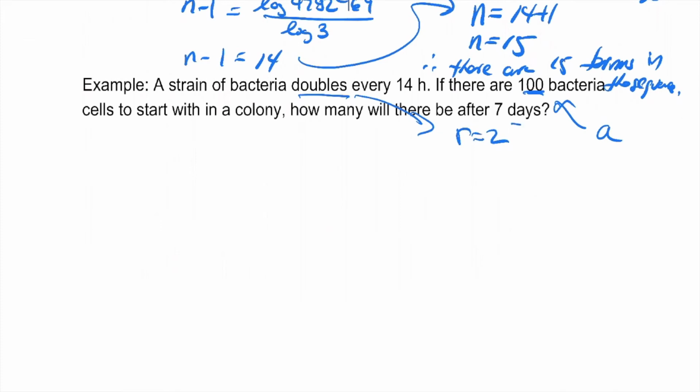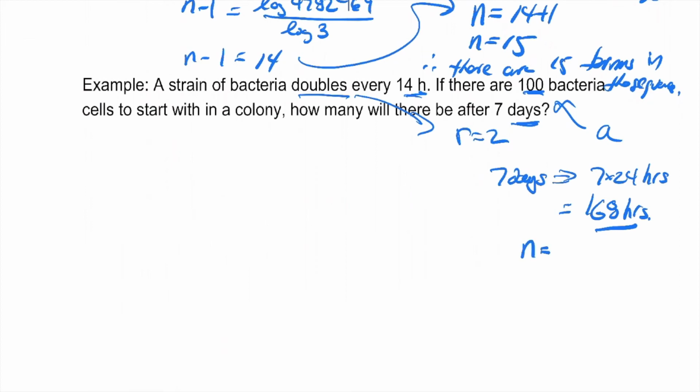We need to convert days to hours. So 7 days is going to be 7 times 24 hours, so that's going to be 168 hours. Given 1 week, 168 hours, but it's not doubling every hour, so that's not my n value.